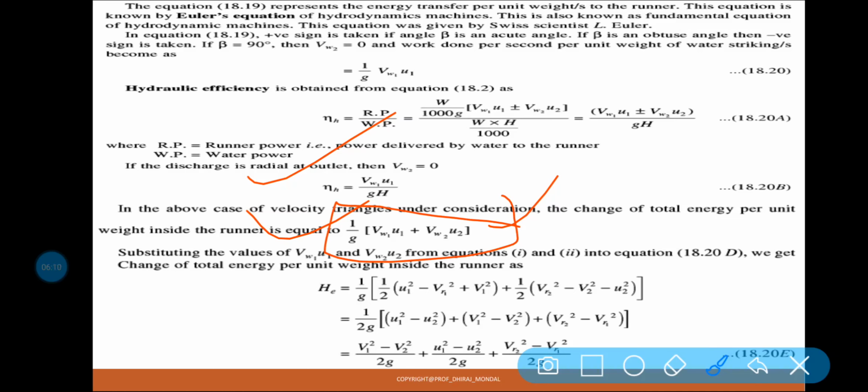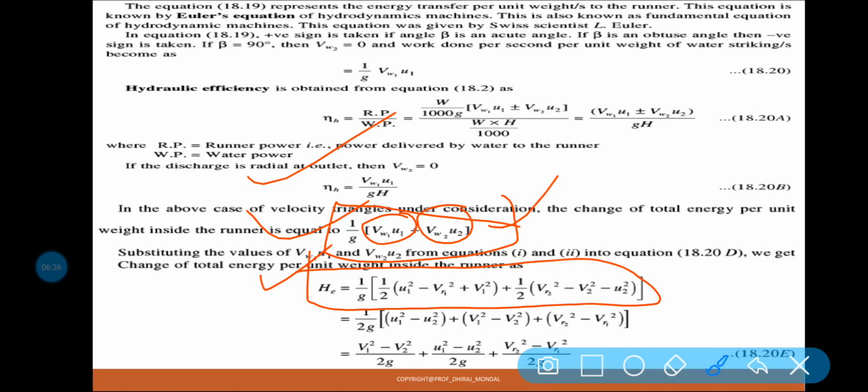Now if I want to calculate the total energy per unit weight inside the runner, then total energy is basically, if I am just replacing this VW1 and VW2 in terms of relative velocity, absolute velocity of the jet, relative velocity of the jet, and the velocity of the wheel, then the equation will come like this.